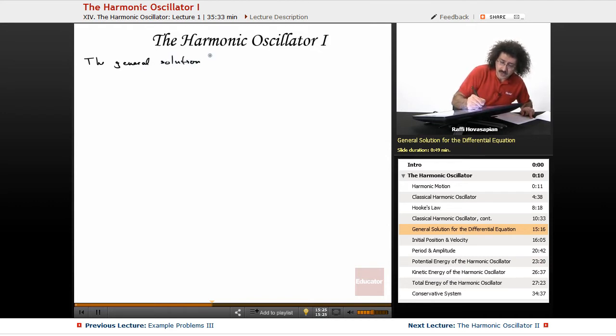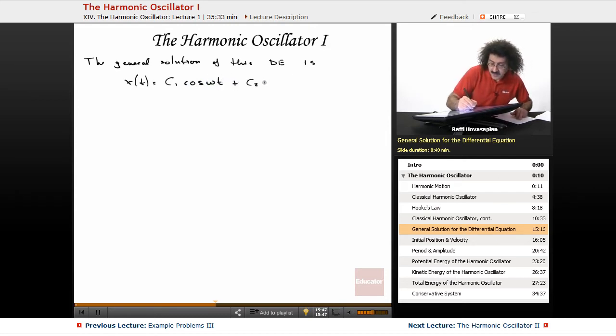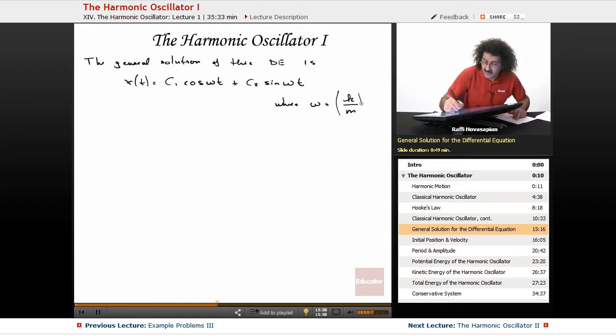So the general solution of this differential equation is, so a little bit more room here, x of t equals c1 cosine of omega t plus c2 times the sine of omega t, where omega is actually equal to the square root of the force constant divided by the mass, or to the 1/2 power. So instead of putting this, we just use the omega.